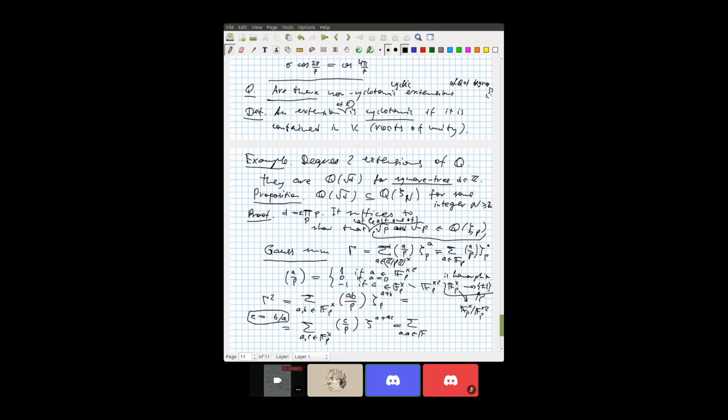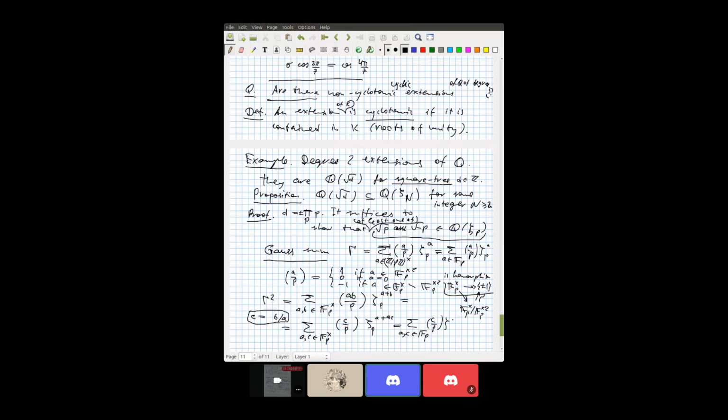Maybe we can sum over all residues. The same sum, but after that we will have to remove the term where a equals 0.